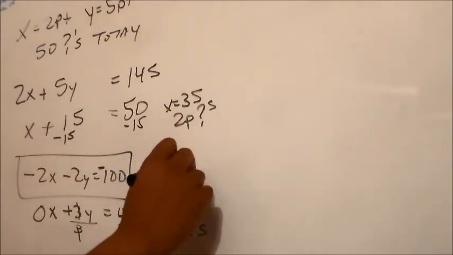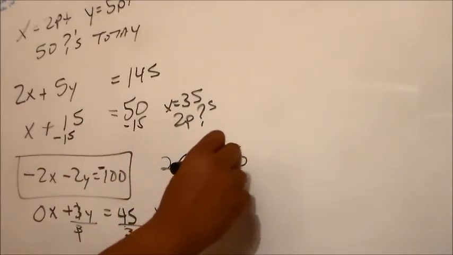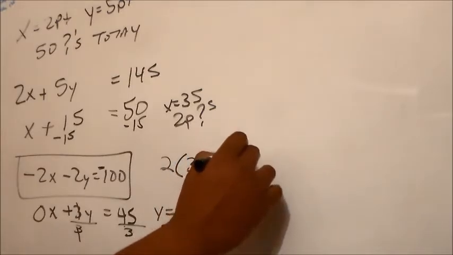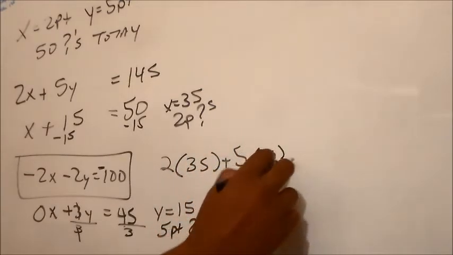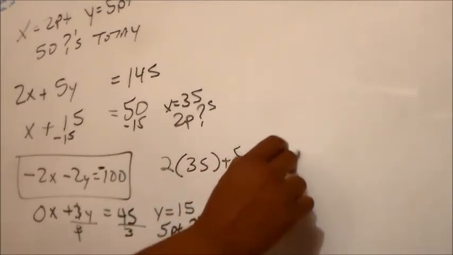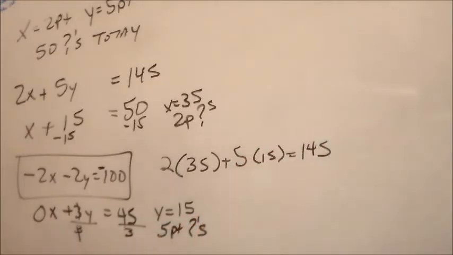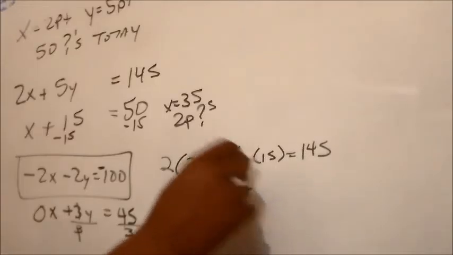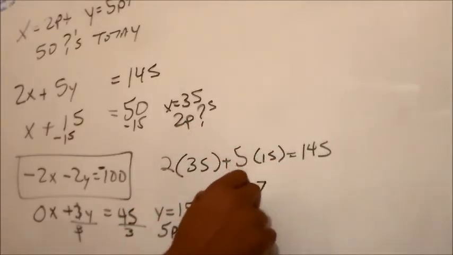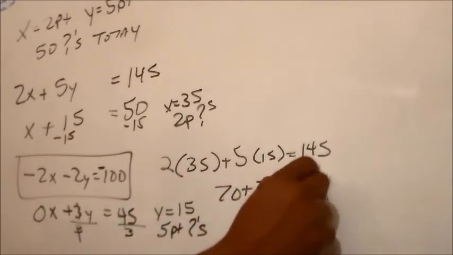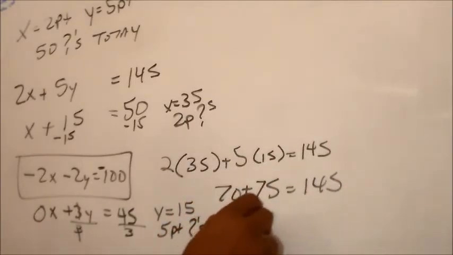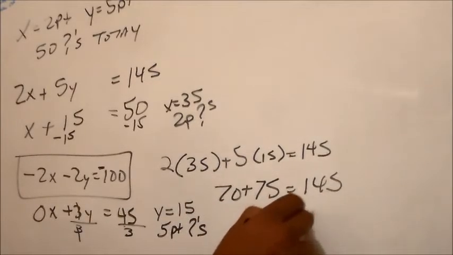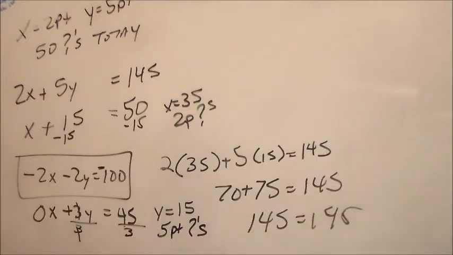X was 35 plus 5, y is 15 equals, let's see if that equals 145. Alright, this 2 times 35 is 70 plus 5 times 15 is 75. 70 plus 75, that's 145. So we tested it out and it works.